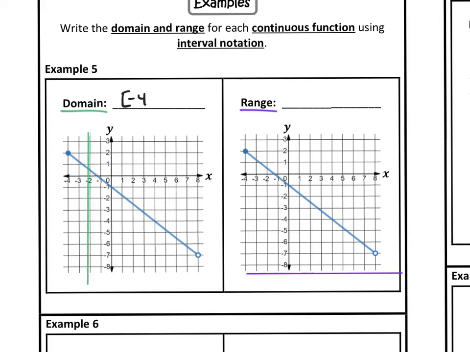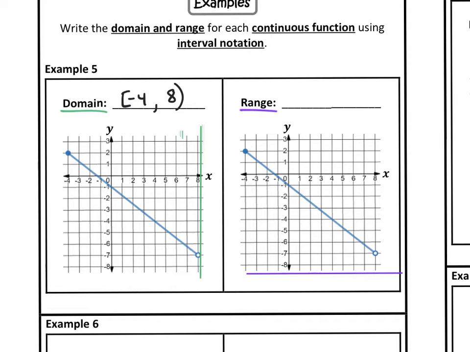And then as I'm scanning through, you notice that this green line is making contact with the blue line, with the function. But what happens at this far right corner where the graph ends? It ends at what value? It looks like +8. But is it a closed circle or open circle? So I'm going to put a comma, the value where it ended, and it's an open circle, so I'm going to use parentheses.